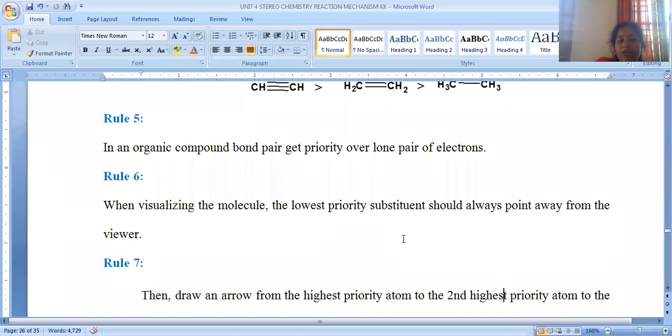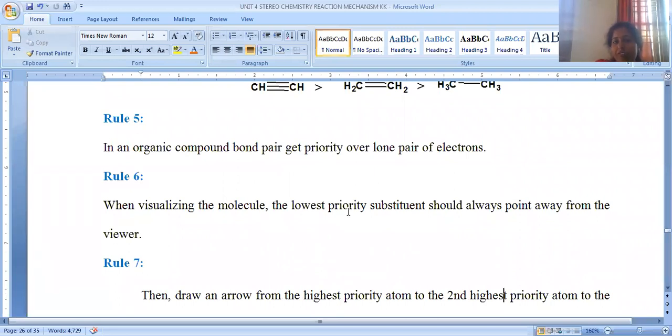And the next is that while viewing the molecule, the compulsory condition is that the lowest priority group should be away from the viewer. So 1, 2, 3, 4 numbering is given for 4 different functional groups.